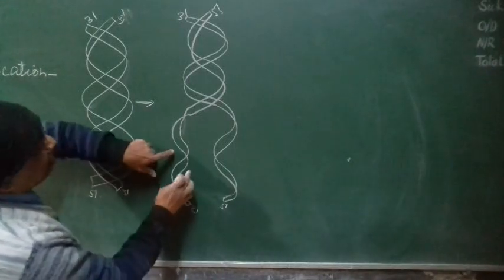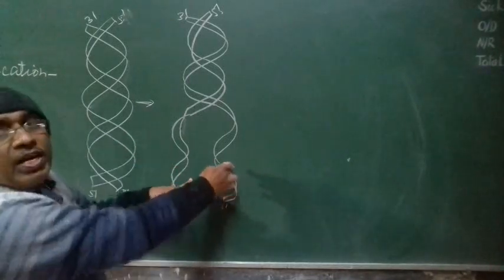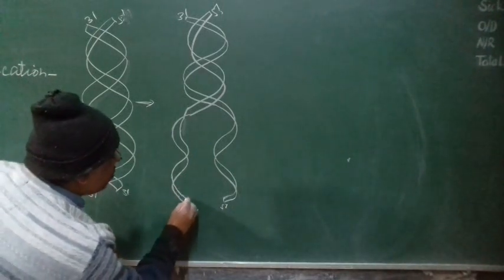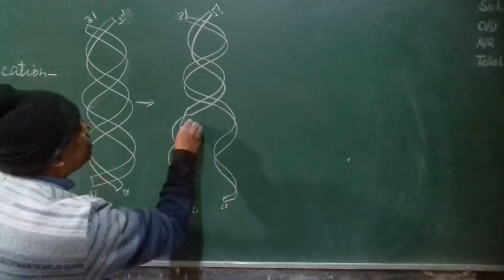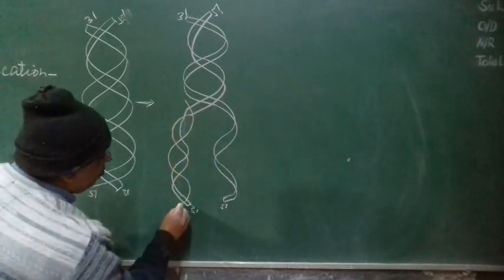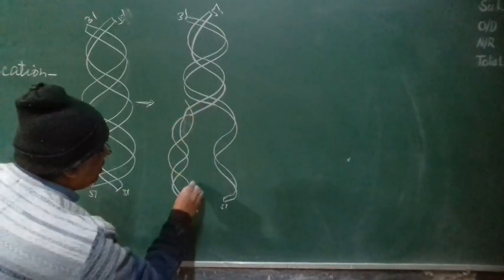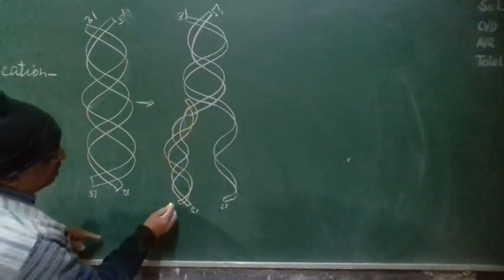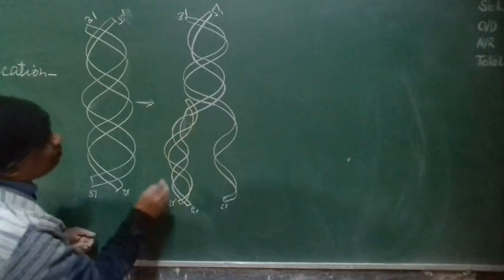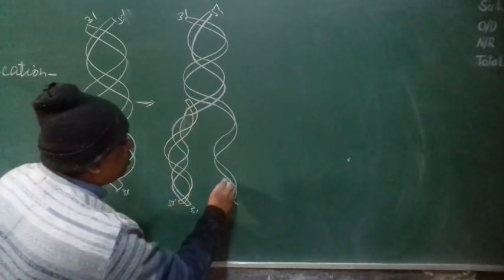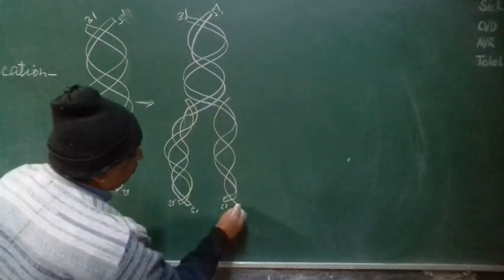Now these two are the old helices of DNA, and on this template one new copy will develop like this. One new copy of DNA helix will start developing here in 5' to 3' direction. Here also one new copy starts developing.